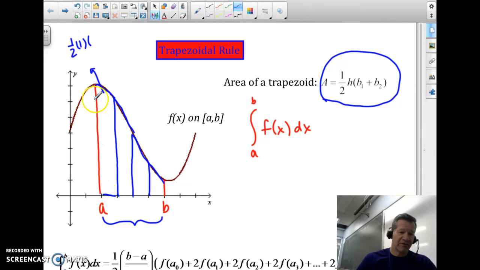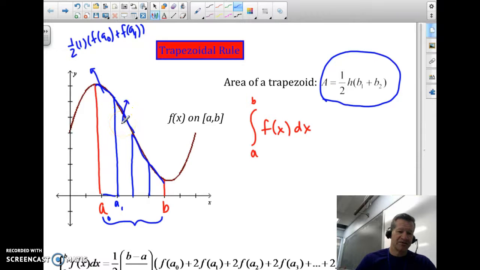Well, that would be f of a sub, let's call this a sub 0, and let's call this a sub 1. So it would be f of a sub 0, that would be the left base, plus f of a sub 1 would be the right base. And I would have the area of this first trapezoid.